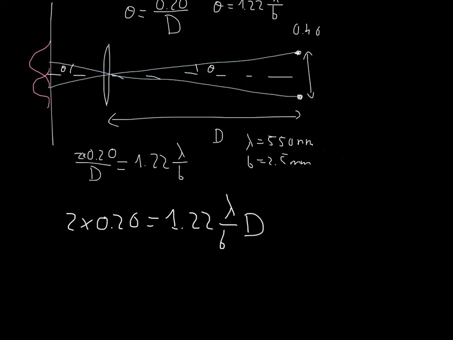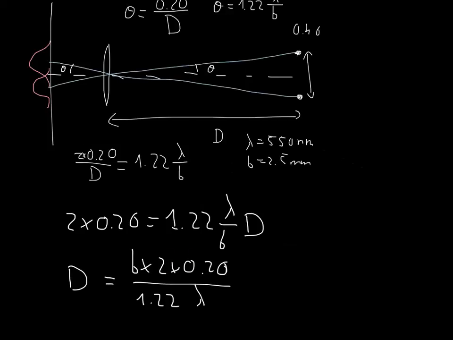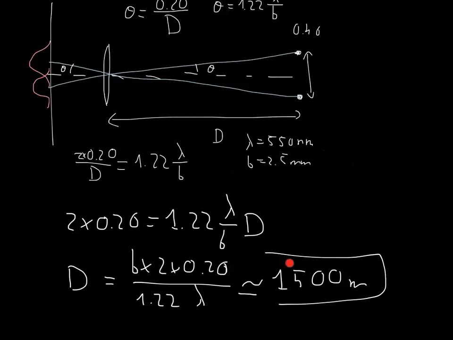So I'm going to have D equals B times 2 times 0.20, and I'm doing this very slowly so that nobody gets lost, and then divided by 1.22 times lambda. All we need to do now is plug in the numbers. If you do this, you will get that D is more or less equal to 1,500 meters, which means that the woman is going to start seeing those 2 birds as separate at this distance here.